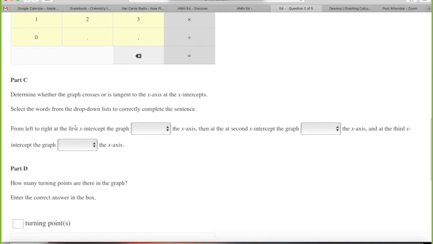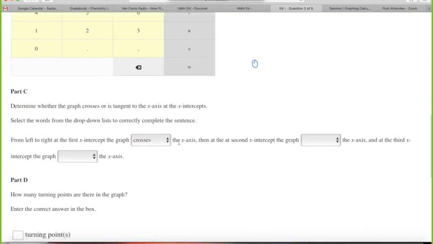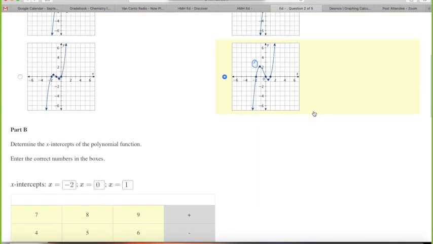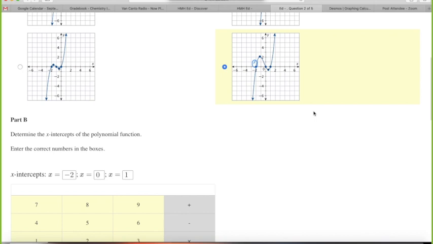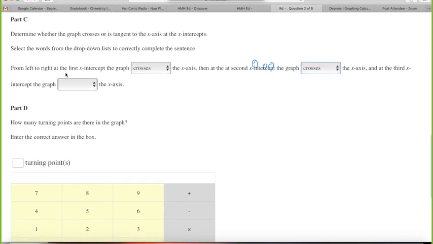From left to right, at the first x-intercept the graph crosses the x-axis, that's that guy right there, and then at the second intercept, the graph crosses. All of these cross, if you haven't noticed this yet. So it crosses, crosses, and crosses. There are no tangents to the x-axis in this example.